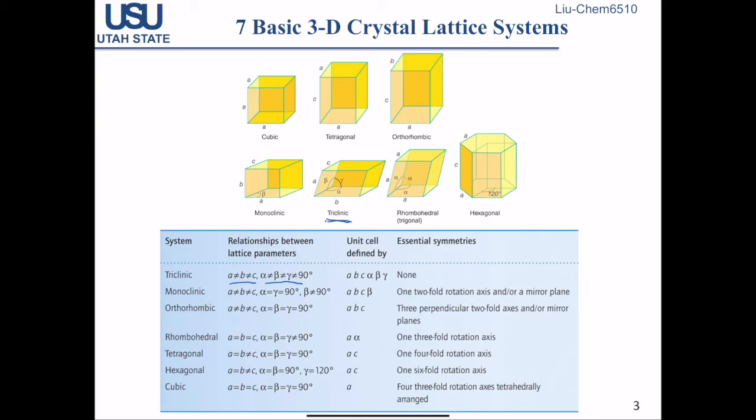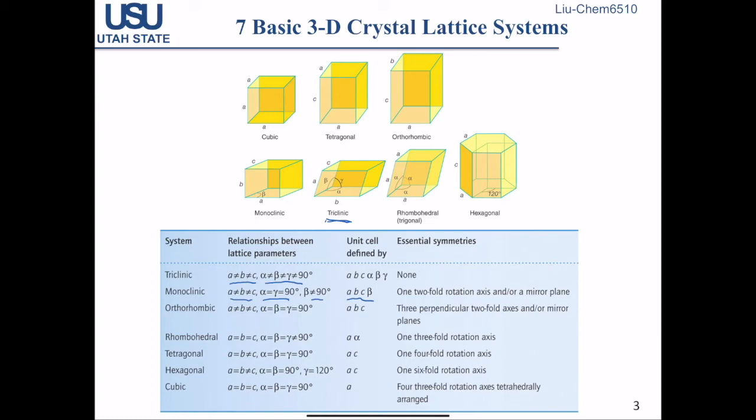So then the next one is monoclinic. a, b, c are not equal, but the alpha and gamma angles are equal to 90°, while beta does not equal 90°. So we have 4 unique parameters to define that.